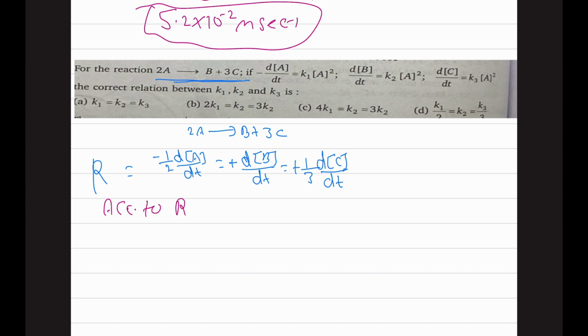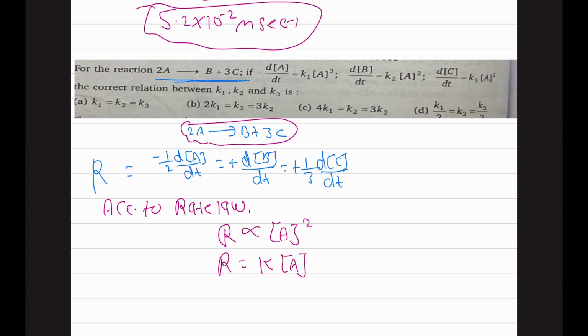According to rate law also we can write for this one R directly proportional to the molar concentration of A to the power 2. So R equals k[A] squared.